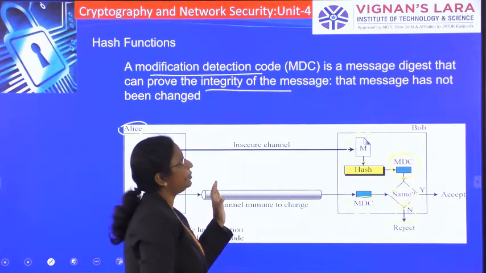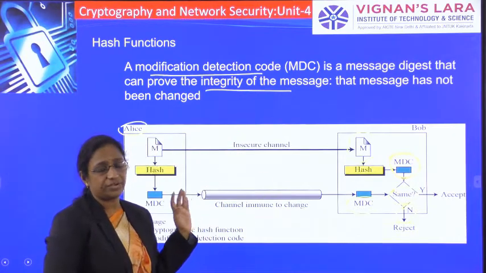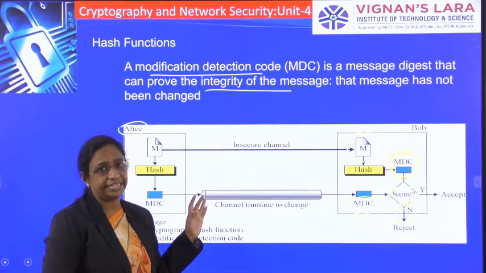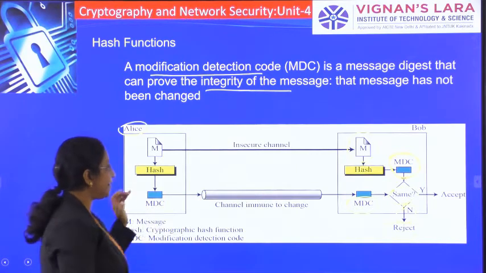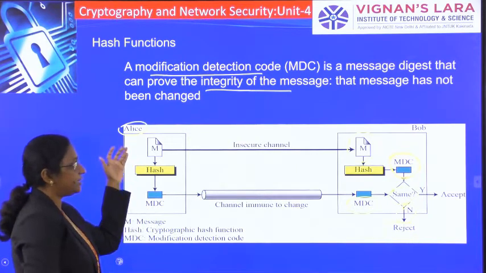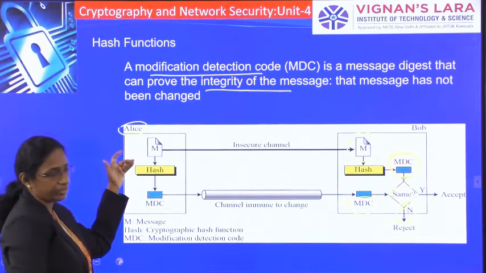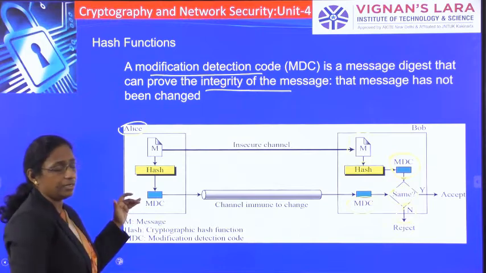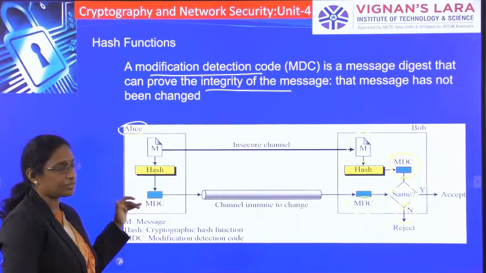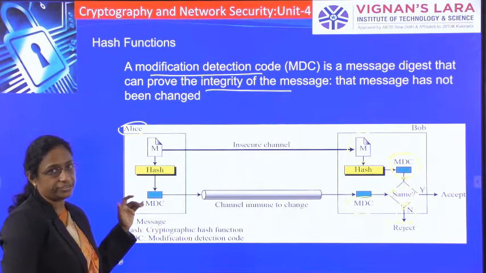So that is about the hash function, where the hash function is used to check the integrity of the message. To check the integrity of the message, the sender applies the hash algorithm on the message, which generates a message digest called the modification detection code.